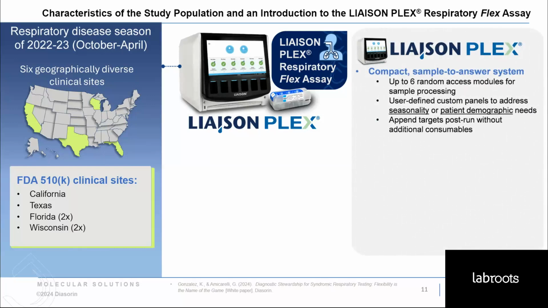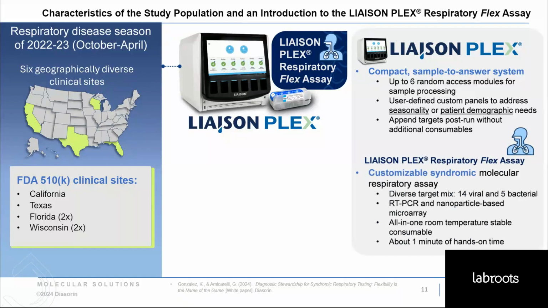Briefly, the LIAISON PLEX is a new sample-to-answer instrument system that can accommodate up to 6 random access modules for sample processing. The instrument's software allows you to create user-defined custom panels where you can view and pay only for the targets that you select, but also has the ability for you to go back to those runs and select additional results without the need to rerun additional tests.